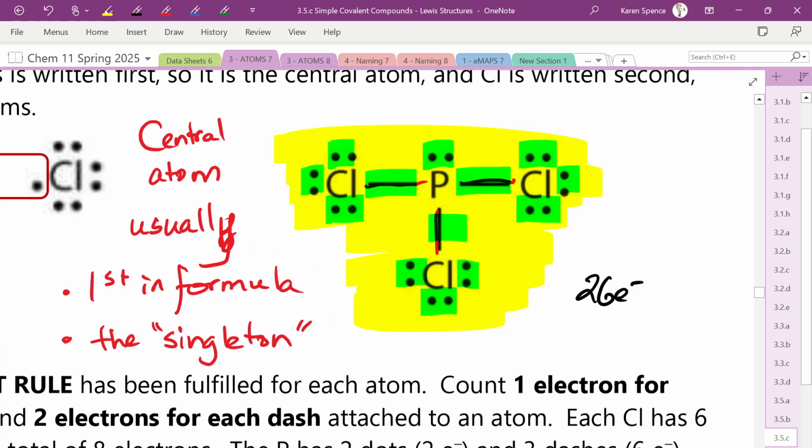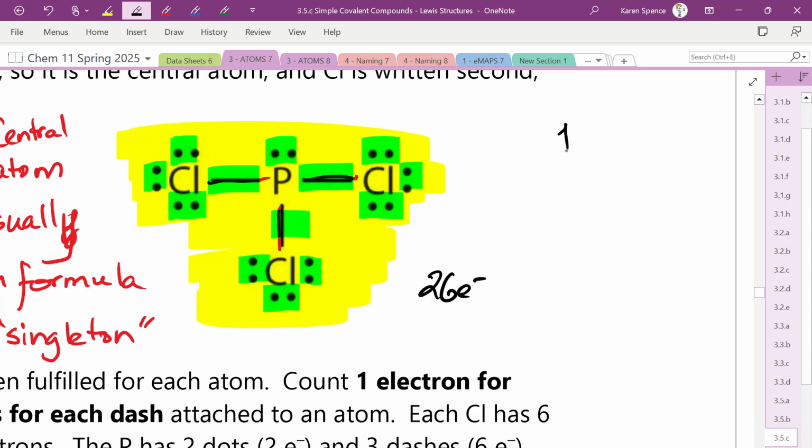Is that how many we get from one phosphorus? One phosphorus has 5 valence electrons, VE for valence electrons, because it's in group 15. We have 3 times Cl, which means chlorine has how many valence electrons?